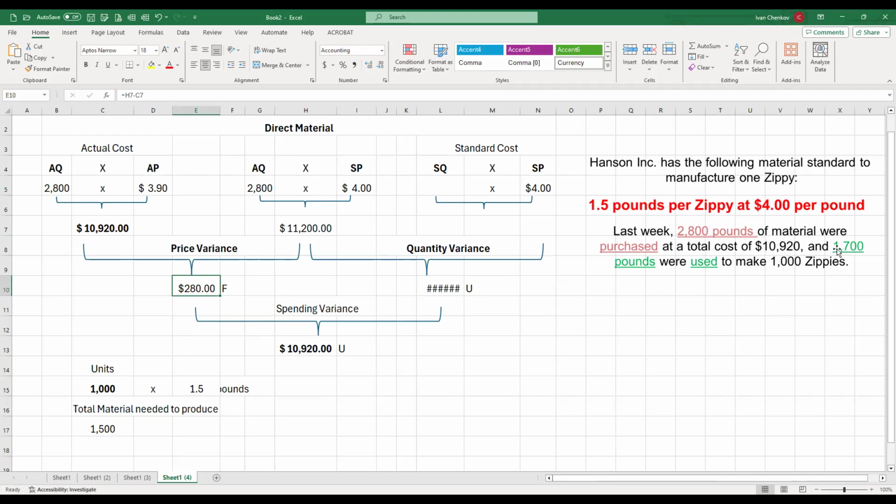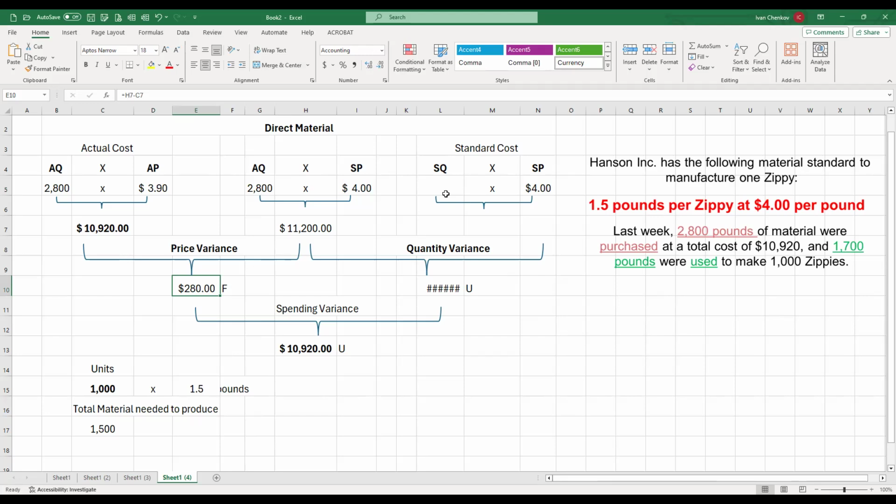And 1,700 pounds were used to make 1,000 ZPs. So now the actual quantity that I use in my production is 1,700 pounds.